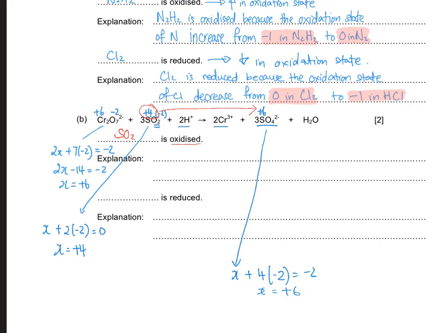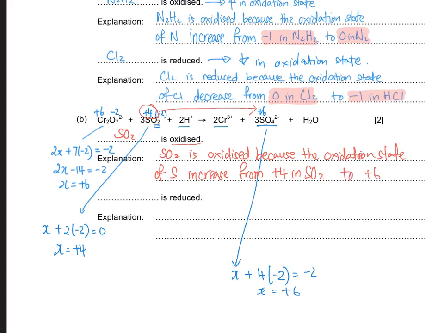SO2 is oxidized because the oxidation state of sulfur increases from positive 4 in SO2 to positive 6 in SO4 2 minus.